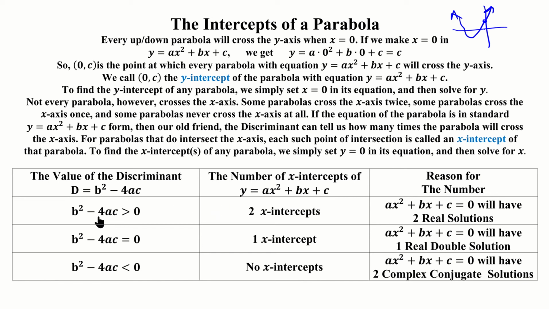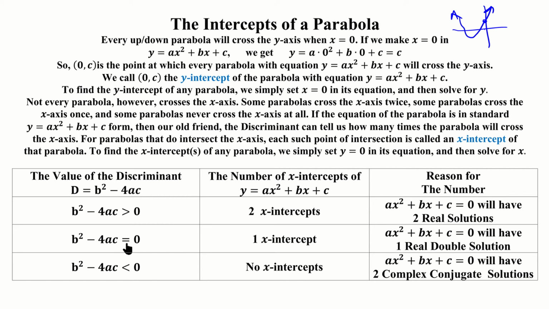The way that works is if b squared minus 4ac is greater than 0, meaning the radicand of the quadratic formula, the expression under the radical, then that's going to give us 2 x-intercepts. And the reason for that is because when that's the case, the quadratic equation associated with setting the y value equal to 0 is going to have 2 real solutions.